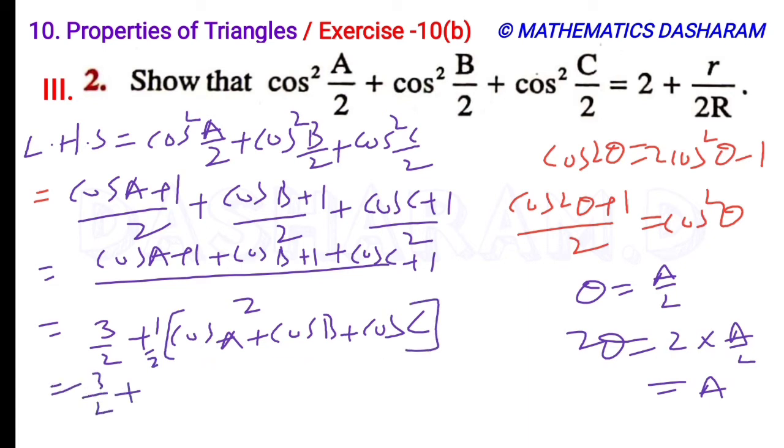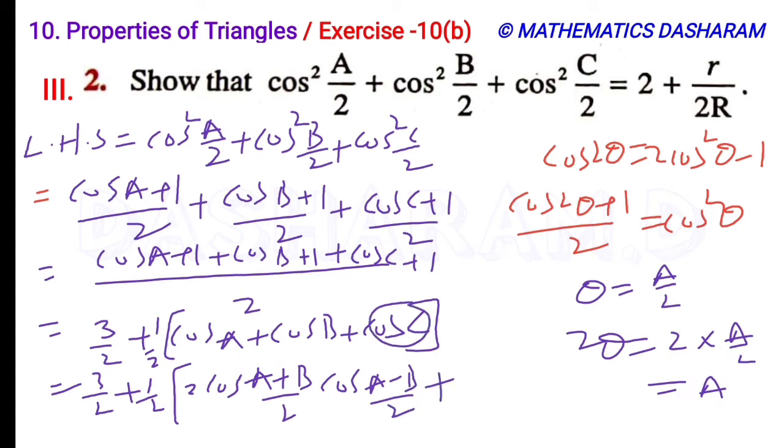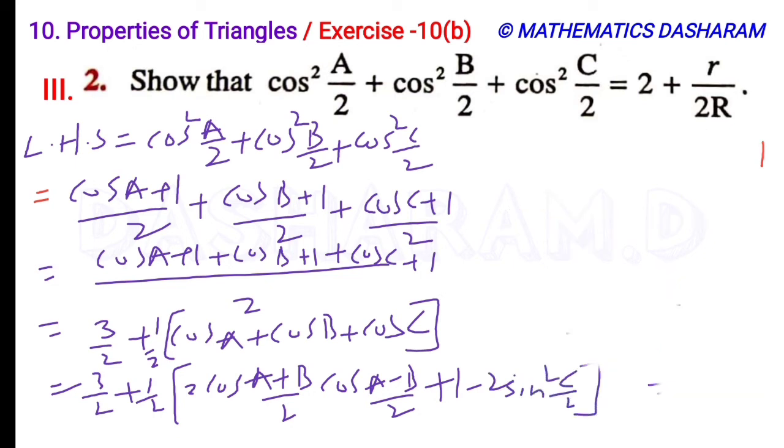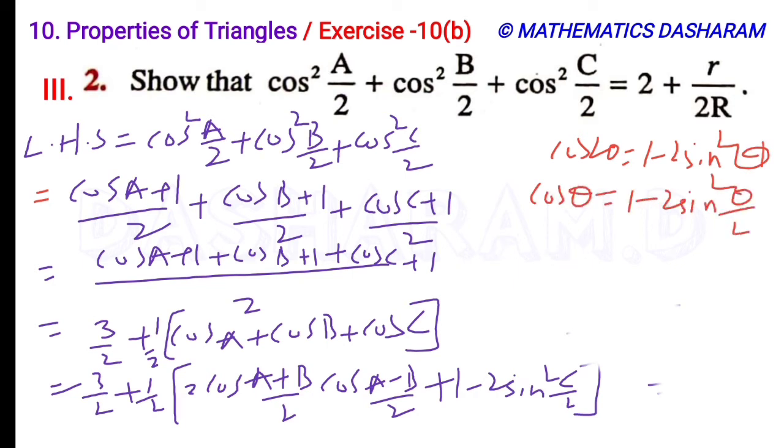Now let's simplify this. 3 by 2 plus 1 by 2 bracket of, here cos C plus cos D formula, so that is 2 cos A plus B by 2 into cos A minus B by 2 plus here cos C value is 1 minus 2 sin square C by 2, because cos 2 theta equals to 1 minus 2 sin square theta, then cos theta equals to 1 minus 2 sin square theta by 2.